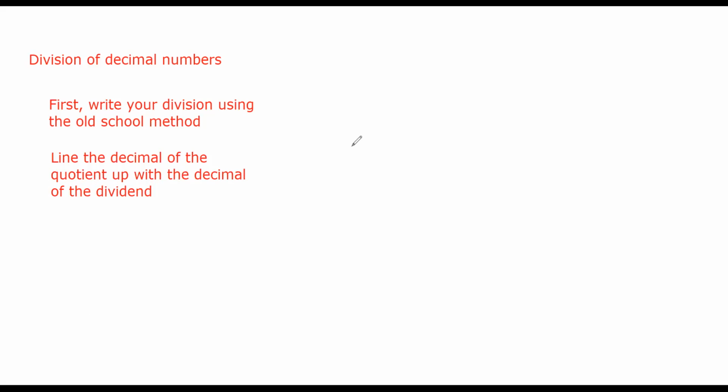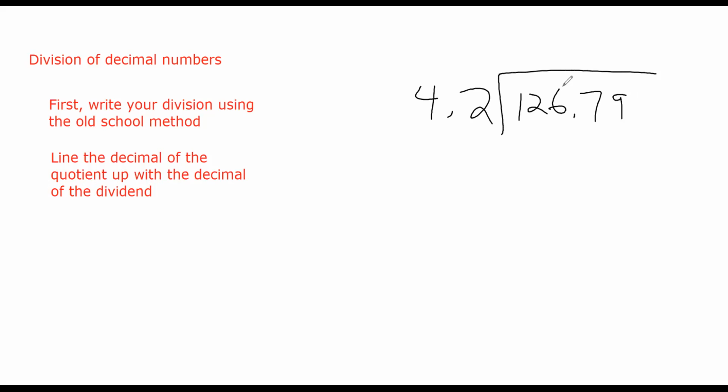So for instance, if we were dividing 4.2 into 126.79, then this is the dividend, the thing that's being divided, and the quotient is the thing on top. We would line up their decimal points.